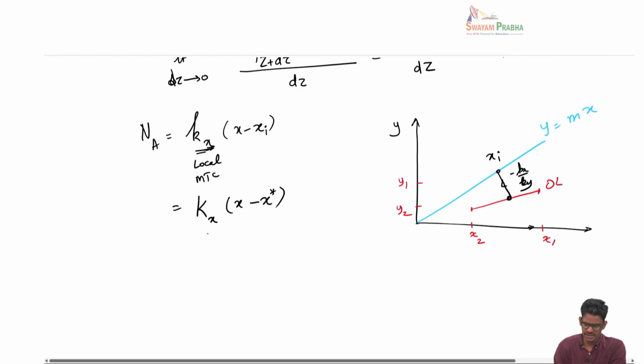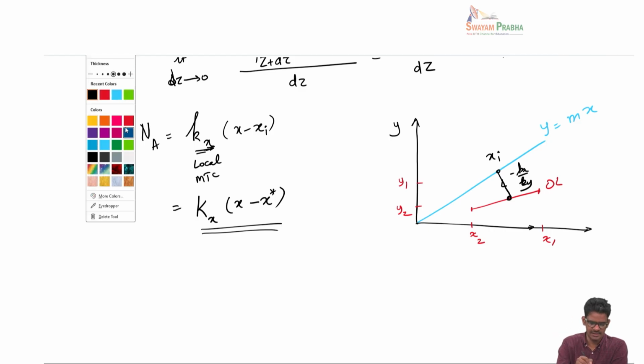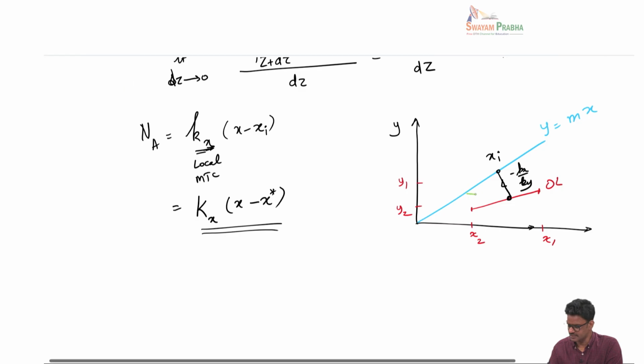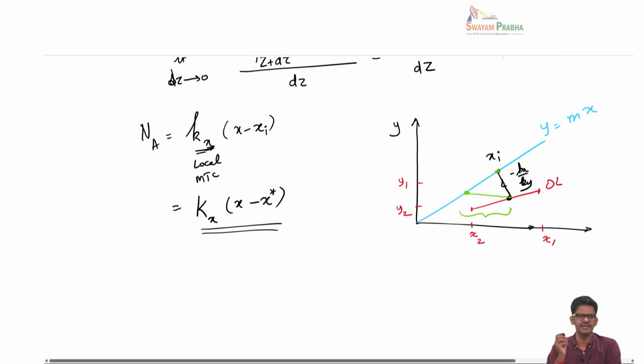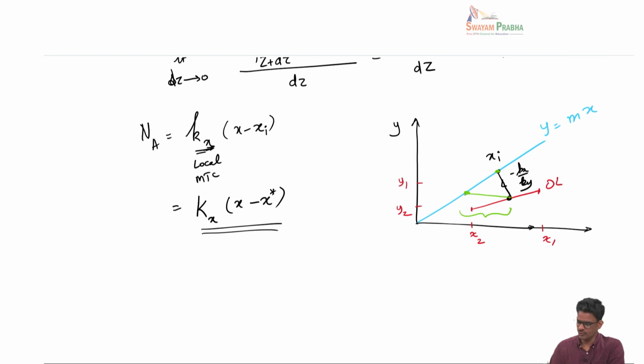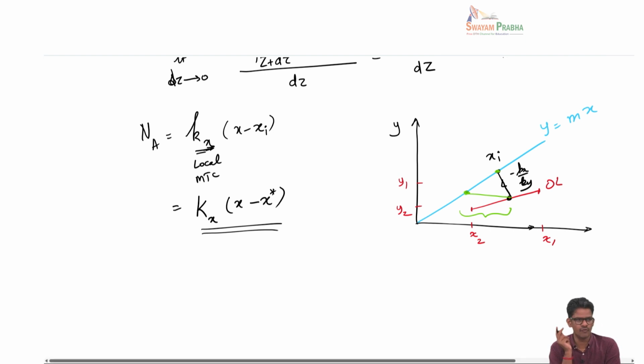So here when I change the equations in terms of the overall mass transfer coefficient, then my driving force line is actually this. So this is the driving force for the liquid phase mass transfer, which is x minus x star. Okay, the difference is the following: if you use this xi, you are using the local mass transfer coefficient, small kx. If you are going to use the equilibrium composition x star as the overall driving force, you are going to use the overall mass transfer coefficient accordingly. Okay, is it clear?